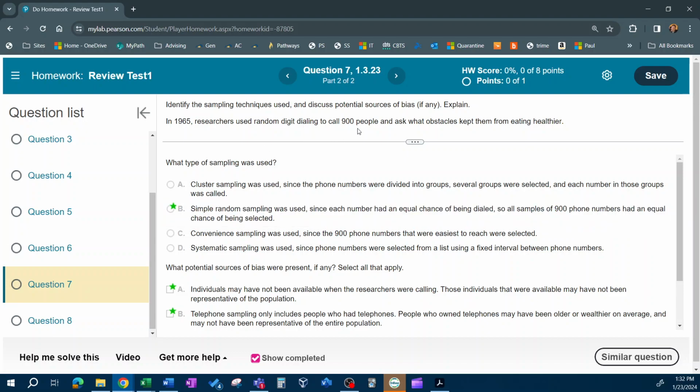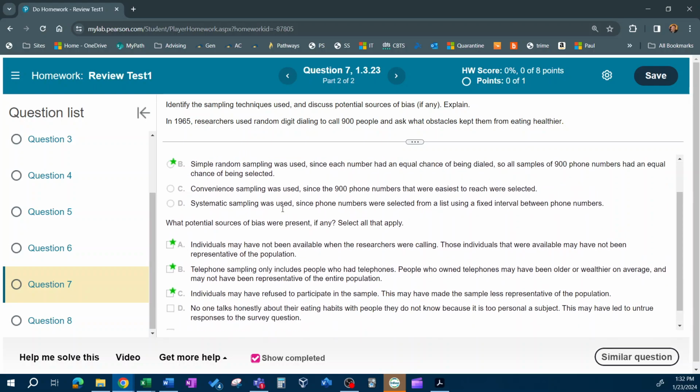That means out of the population, every sample of the same size has the same chance of being selected, right? And so in this case, they selected 900 people randomly. That's also a random sample. But since those two aren't given, a random sample and simple random sampling, you're not going to get confused by that.